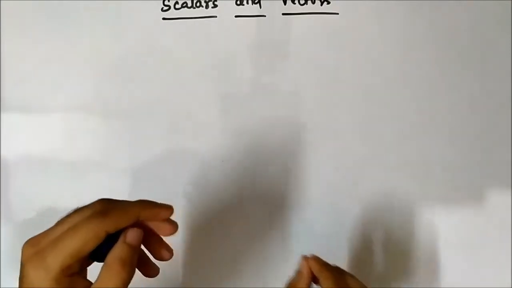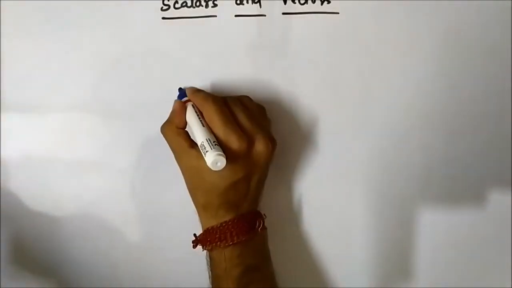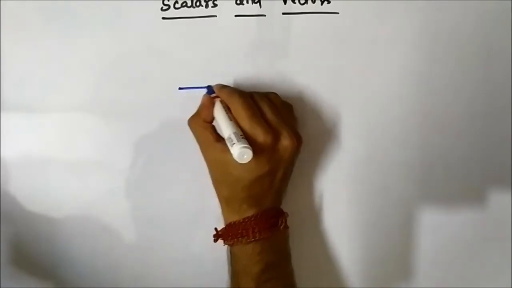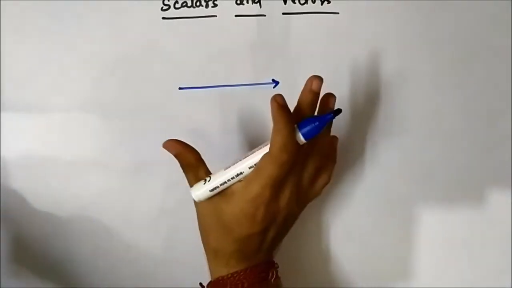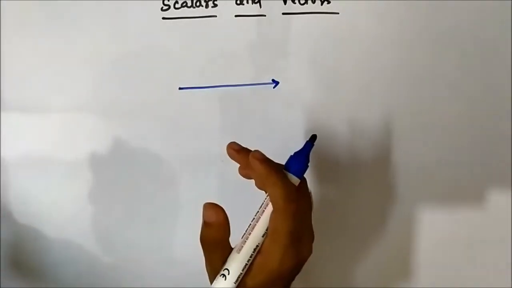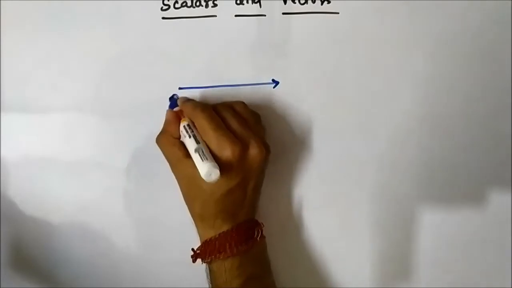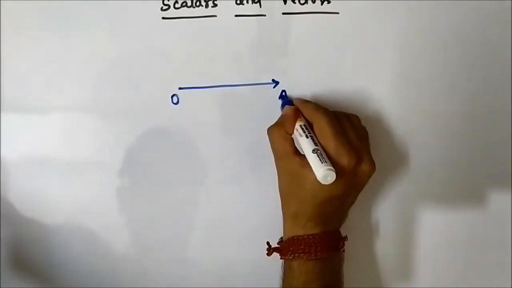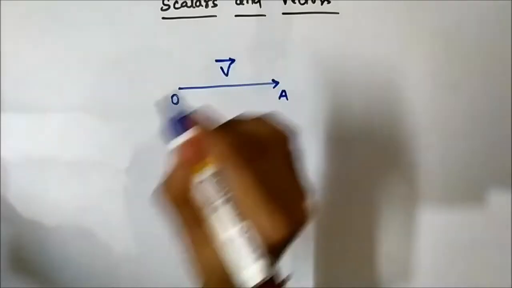Any vector quantity is represented by an arrowhead. This is how we represent a vector quantity.